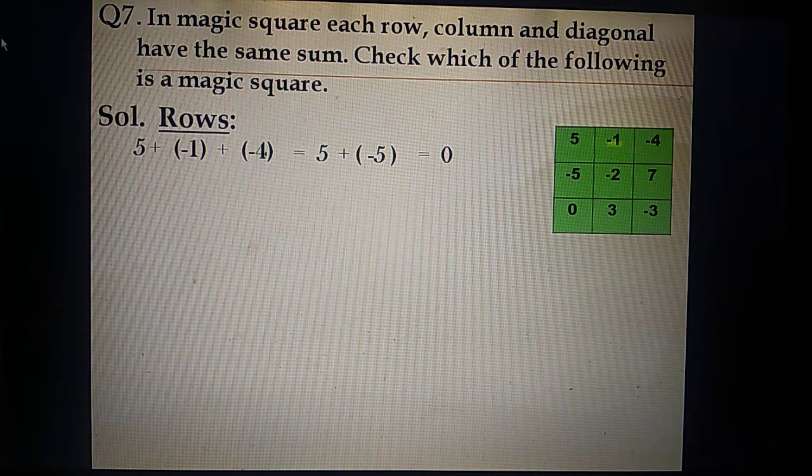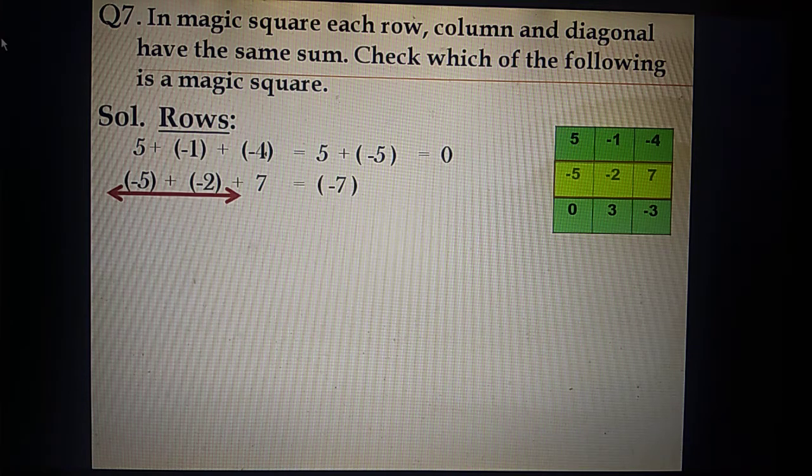Moving to the next row, that is your second row. Again the highlighted row here, add all the values. First two values, same sign, add them first. You will have minus 7 with plus 7 next to it. Again same value with different sign, final answer 0.